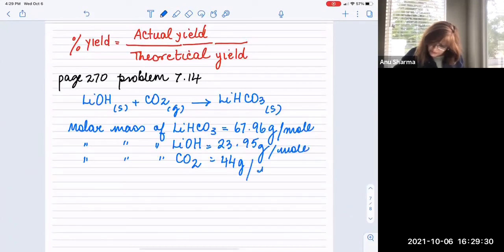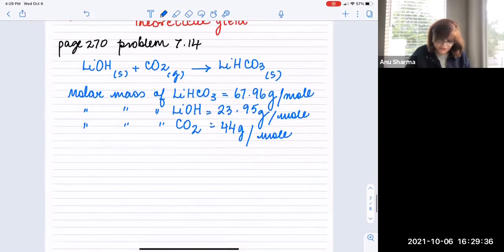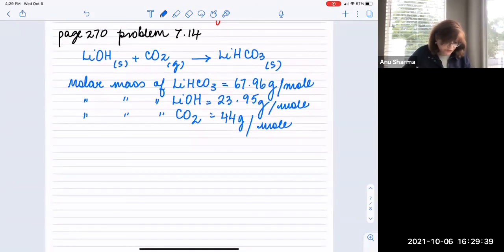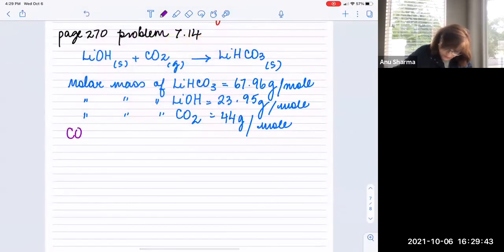Now we are looking at the relationship of CO2 to lithium bicarbonate.